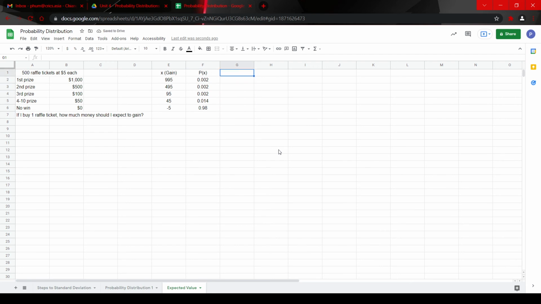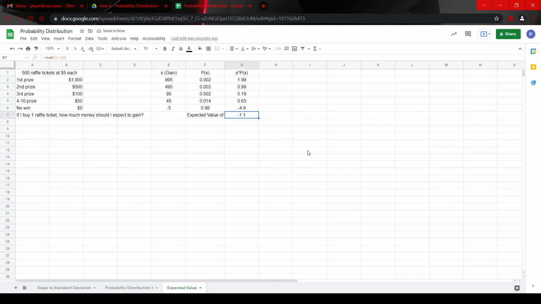Now, to get the expected value, we need to find the mean. So in a lot of sense, the mean is the same process as we've done, right? So x multiplied by the probability of x. So that's equal to E2 times F2. And that gives me our set. So let me also sum up all of these, and we get an expected value of negative 1.1.